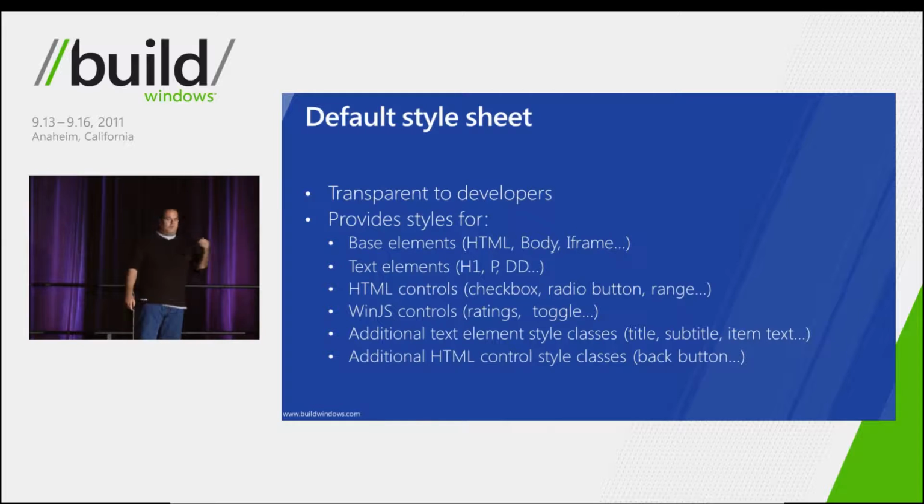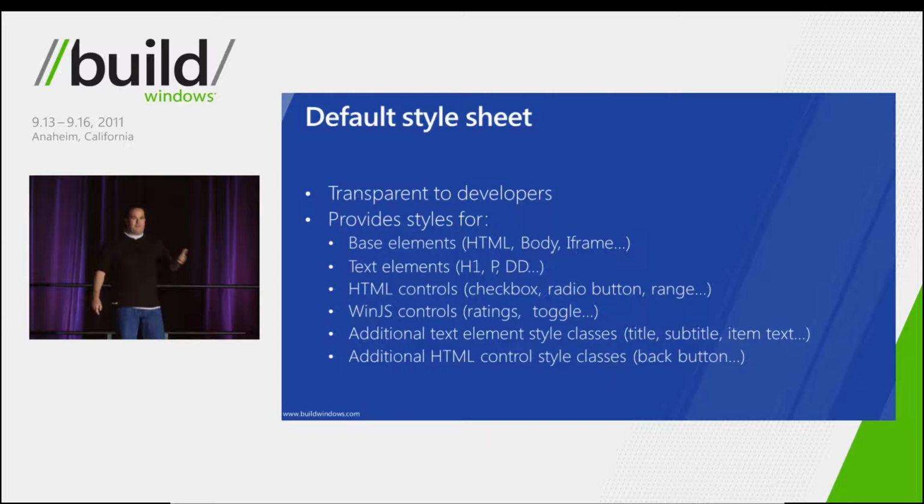There's also Win.js controls, which are part of a JavaScript library that's going to be part of every Metro-style app that's built using HTML5 that you're going to be building off of Expression Blend or Visual Studio. This JavaScript library includes controls like a ratings control or a toggle control, and you can style that.